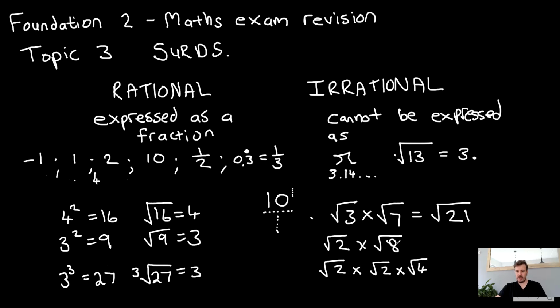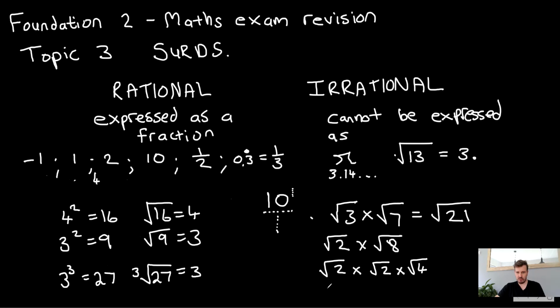Because we know that 2 times 4 is 8. And so we have this idea of we split these up, like we split the 3 and the 7 to a 21. We work backwards from this 8, and we go 8, well, that's 2 times 4, and you split it up.